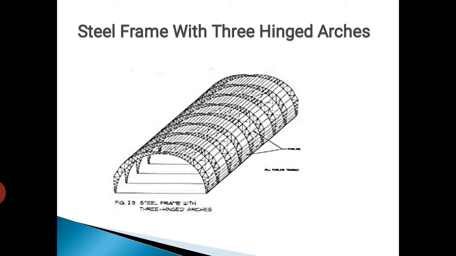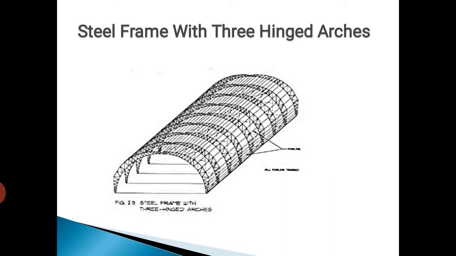So what is 3-hinge arch? It is a geometrically stable and statically determinate structure. Okay. In the case of 3-hinge arch, we have 3 hinges, 2 hinges at support and 1 hinge at the crown, means top, thus making it a statically determinate structure.